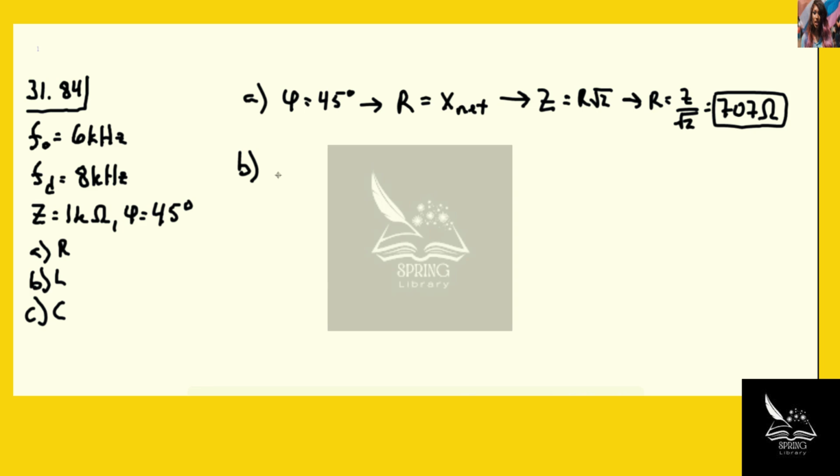Now to find the inductance, first of all, it's helpful to note that the angular frequency of the driving is 2 pi times 8,000 radians per second, so 16,000 pi.